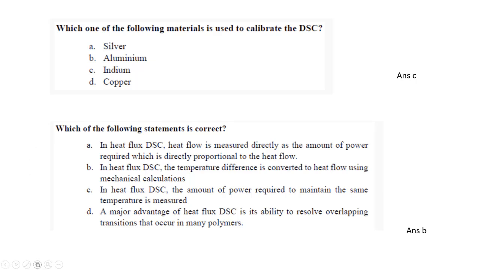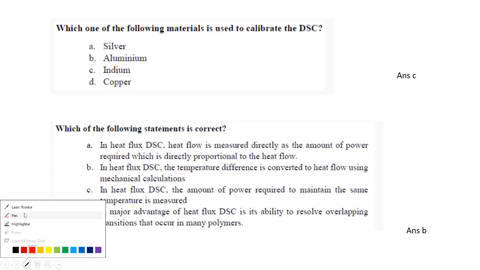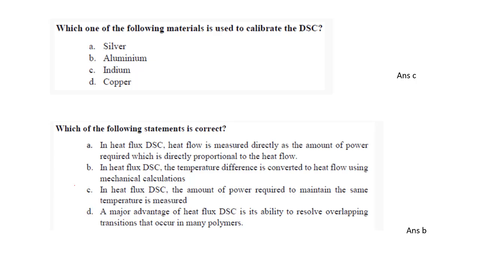That is, in heat flux DSC, the temperature difference is converted to the heat flow using mechanical calculation. Let's see the other options. The first option says that in heat flux DSC, the heat flow is measured directly as the amount of power required, which is directly proportional to the heat flow. This is not the correct statement for heat flux DSC.